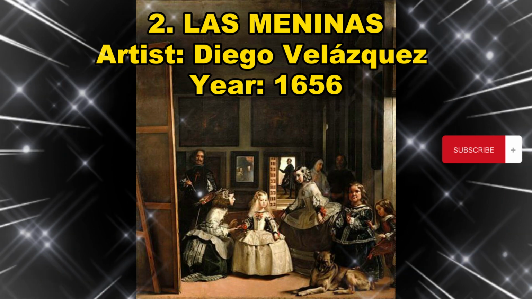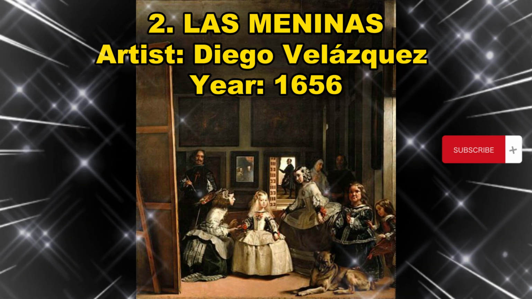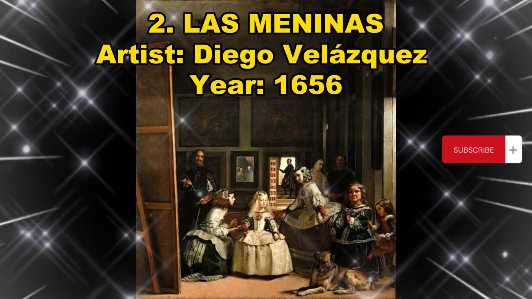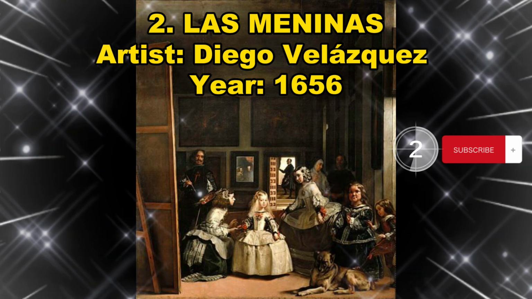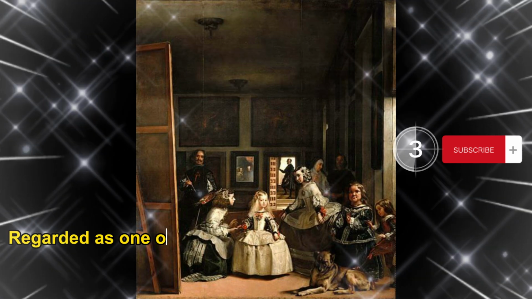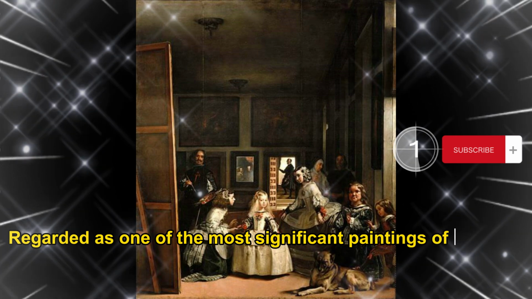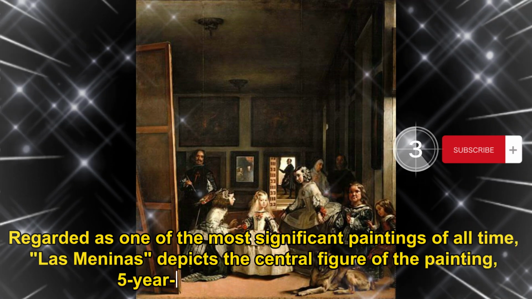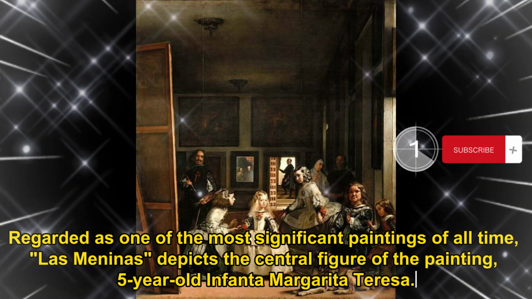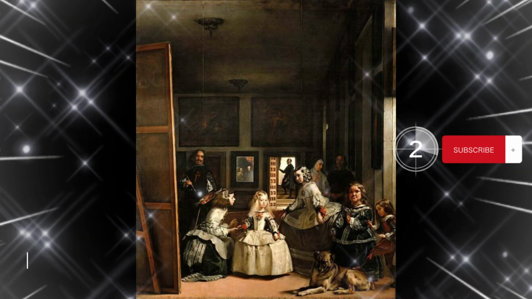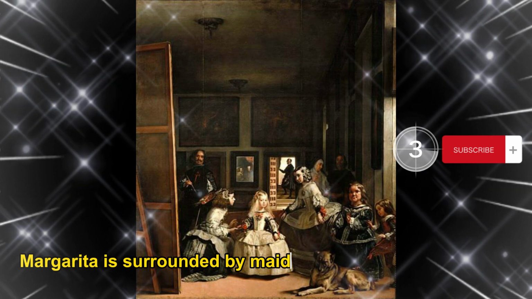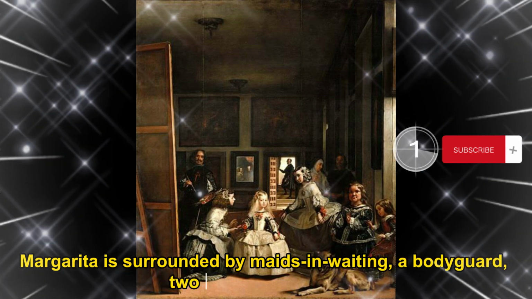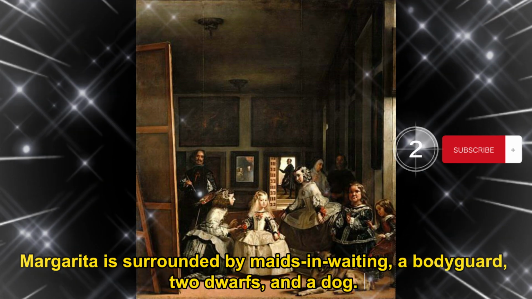2. Las Meninas. Artist: Diego Velázquez. Year: 1656. Regarded as one of the most significant paintings of all time, Las Meninas depicts the central figure of the painting, 5-year-old Infanta Margarita Teresa. Margarita is surrounded by maids-in-waiting, a bodyguard, 2 dwarfs, and a dog.